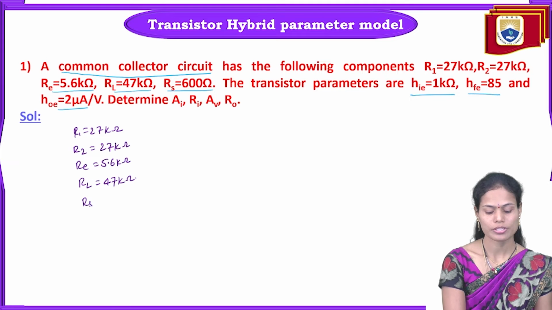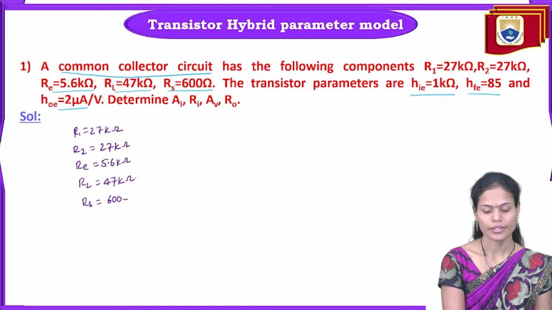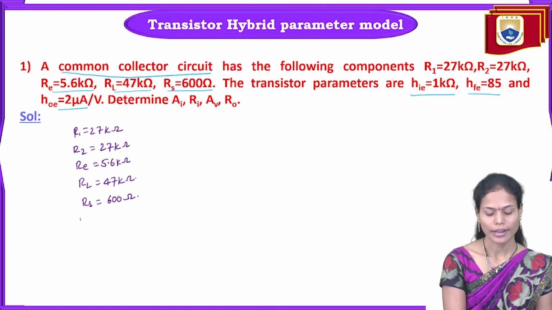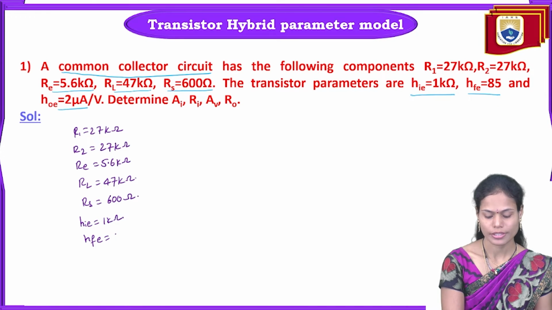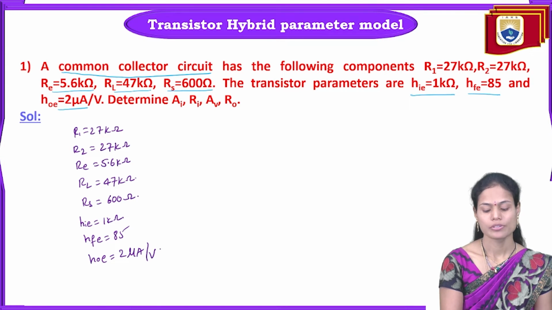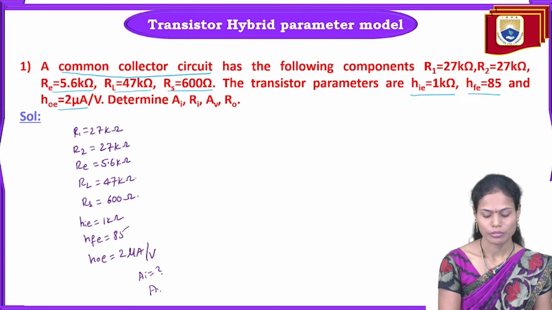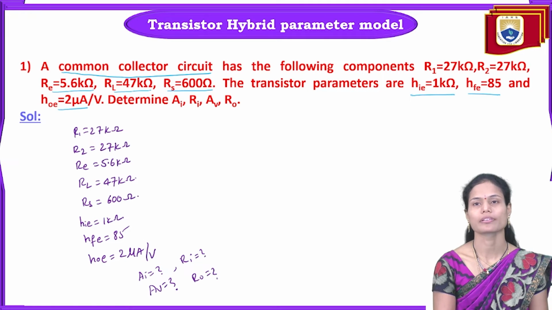The source resistance value is 600 ohms. The H parameters are: hie is 1 kilo ohm, the forward current gain is 85, and the output admittance is 2 microamps per ohms. From this, we need to find the current gain, voltage gain, as well as input impedance and output impedance.